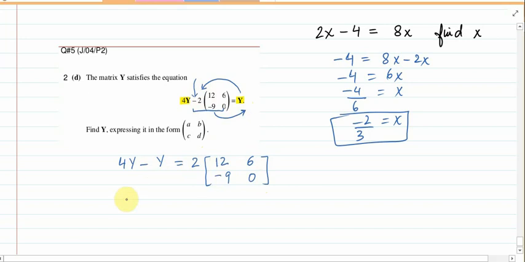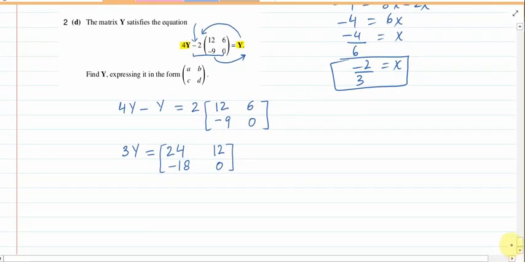4y minus y is basically 3y is equal to, when you multiply the matrix with 2, it will be 24, 12, minus 18 and 0. Right? We are looking for the value of y, not 3y.